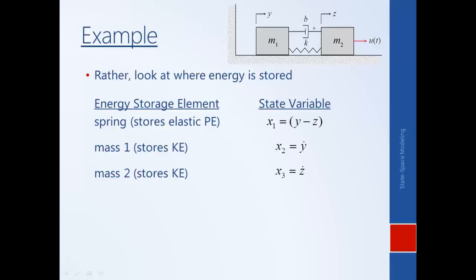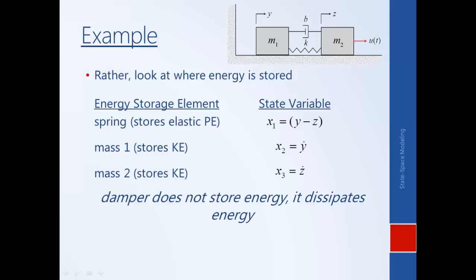You may have a question about, well, what about the dashpot? It turns out that dampers don't store energy, they dissipate energy. You can imagine if these two ends of the dashpot are being moved relative to one another, you're pulling this plunger through this oil and it's generating drag or friction, and that oil's heating up.